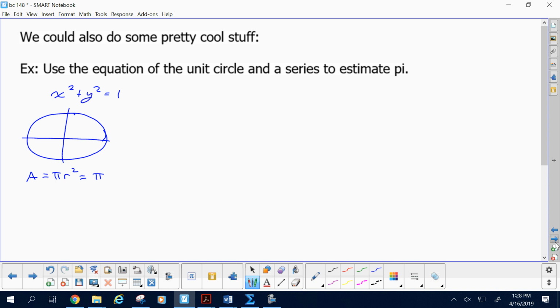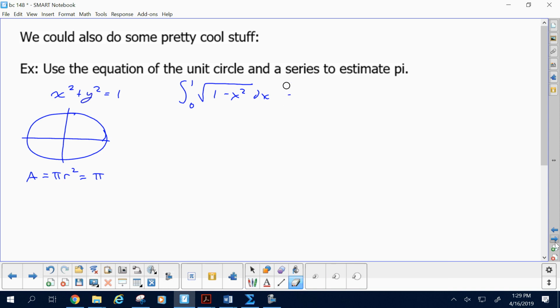Now let's look at this in a calculus-y kind of way. First of all, top half or bottom half? Top half. Whole top half or just the right top half? Right top half. So wouldn't you agree that the integral from 0 to 1 of the square root of 1 minus x squared is equal to blank?